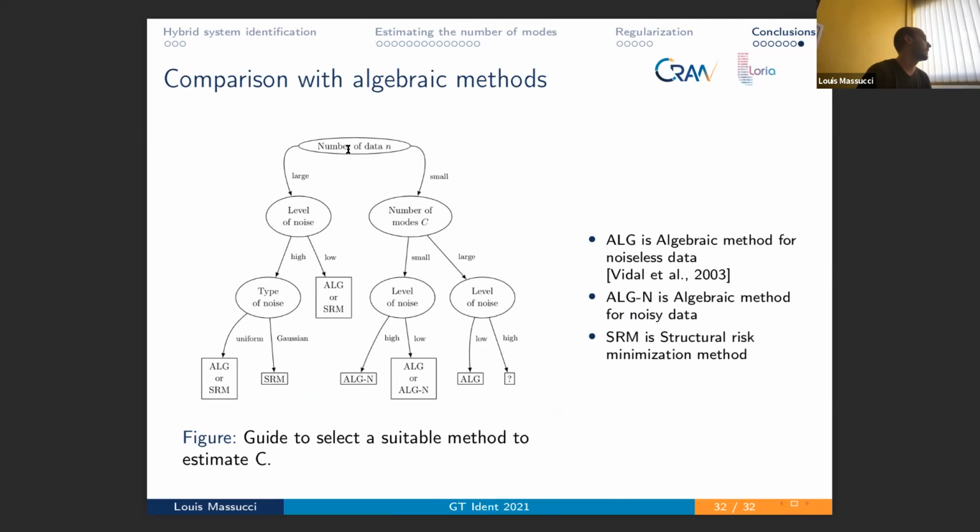So what we pointed out is that some methods are effective for large data sets and others for small data sets. And the type of noise and the level of noise also influence the choice of the method. So you can see that our method works for a large number of modes with any type of noise and under any level of noise.